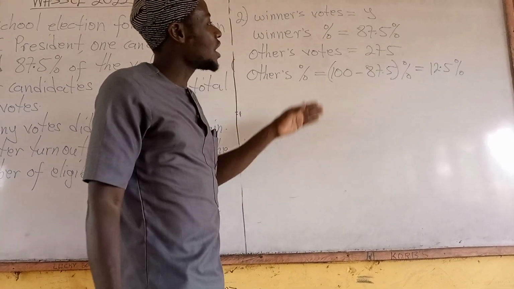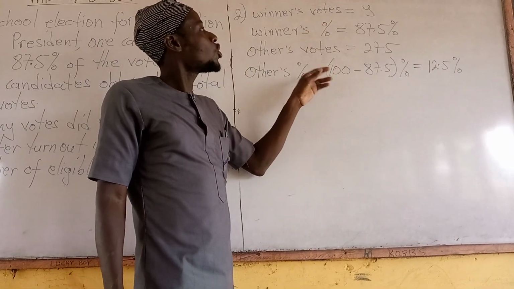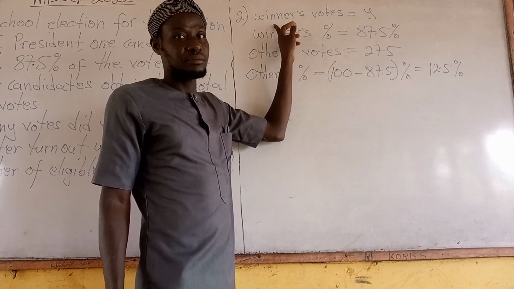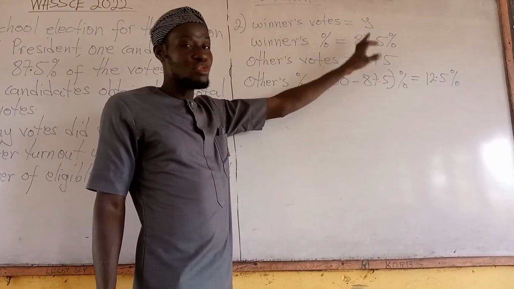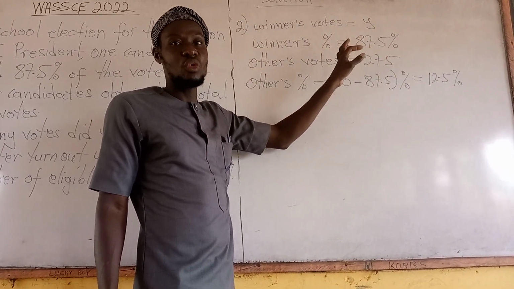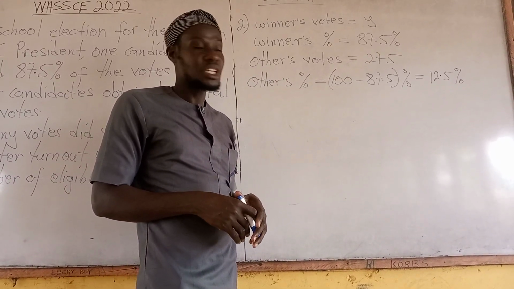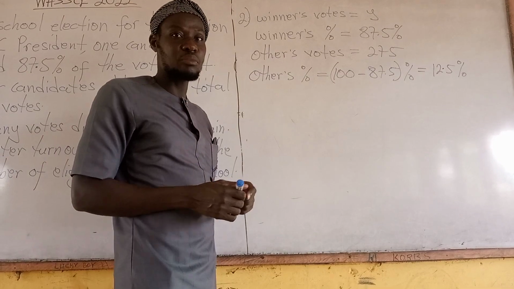Now, this 12.5% represents 275 of the votes. We can use this information to find the number of votes that the winner obtained. To do this, we apply the concept of ratio and proportion.